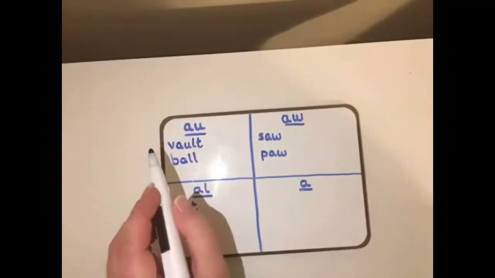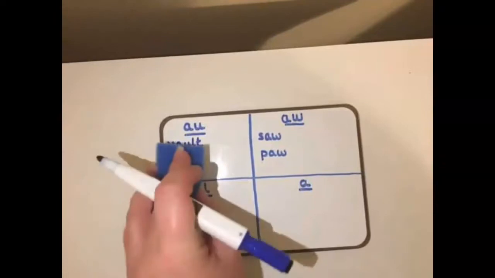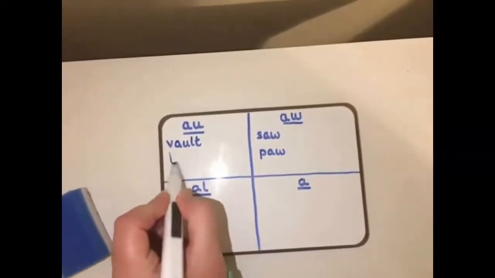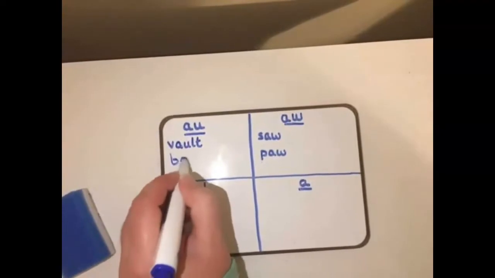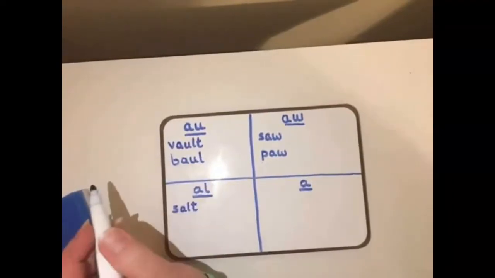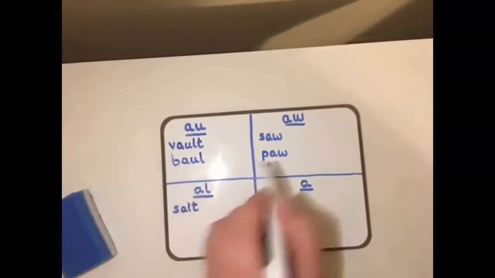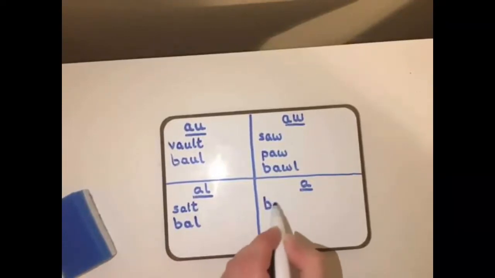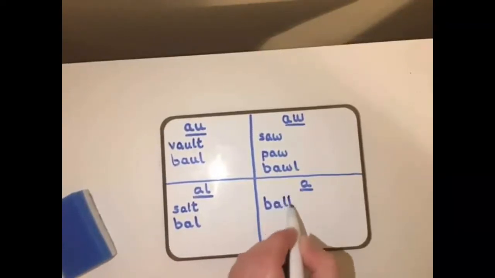Ball. Oops. Now, if we wrote it with AU, it would be B, A, O. AW, B, A, O.